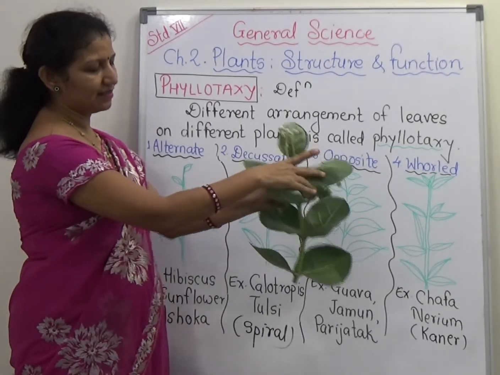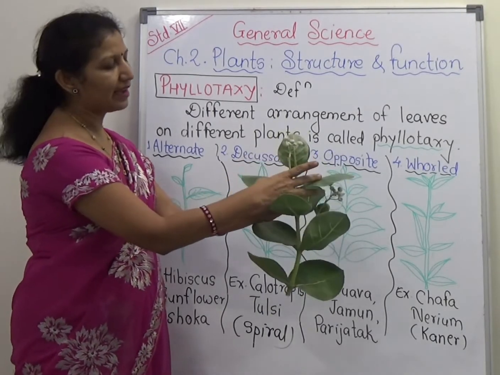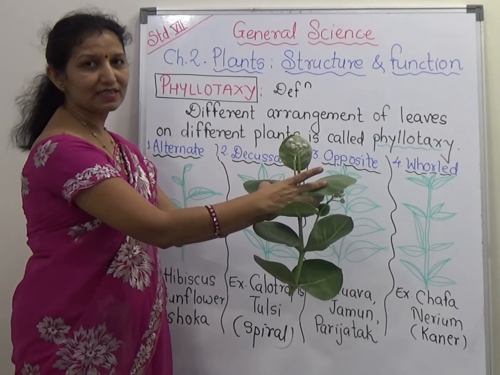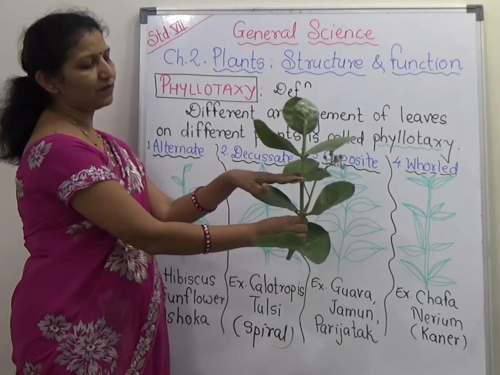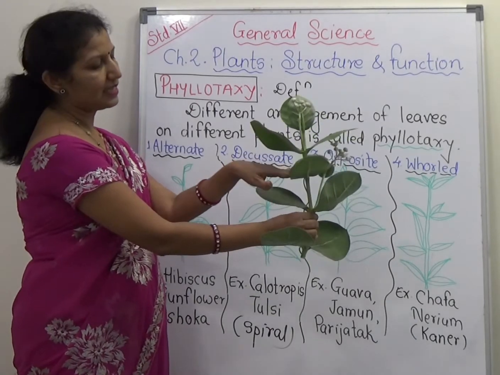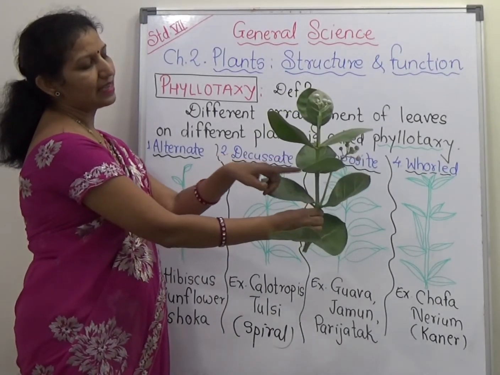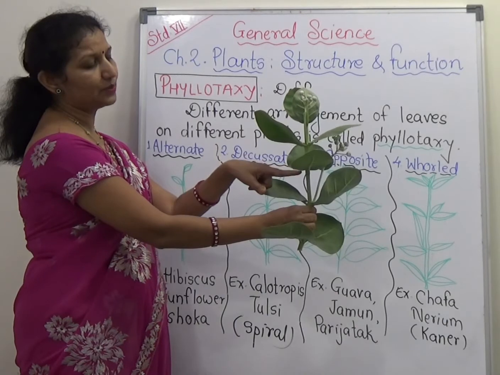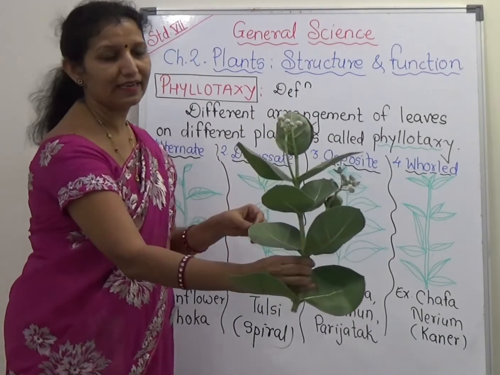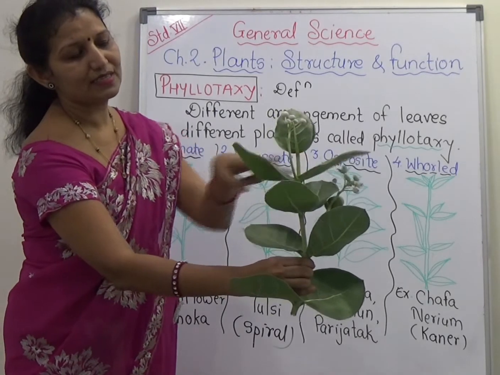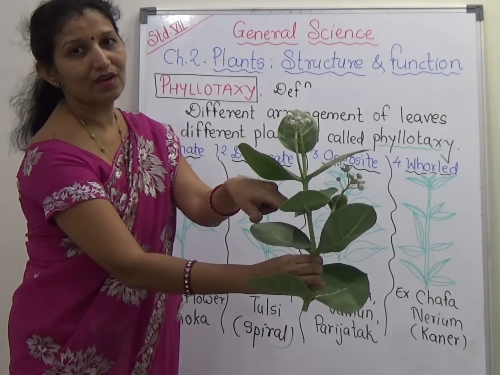Suppose these two leaves are arranged in the east-west direction. Then the next pair of leaves is arranged exactly at the right angle to this. See, you can see it prominently here. This is to the east-west, then this will be to the north-south.